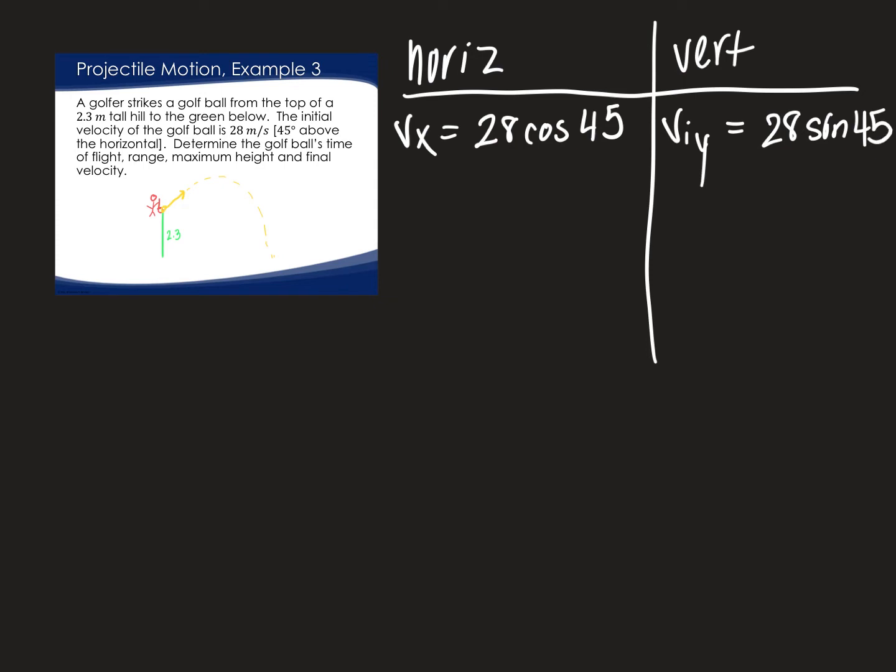We can do that math, and you get 19.8 meters per second for Vx and 19.8 meters per second for ViY. Because remember, sine and cosine at 45 are the same thing, so it makes sense to get the same velocities here.